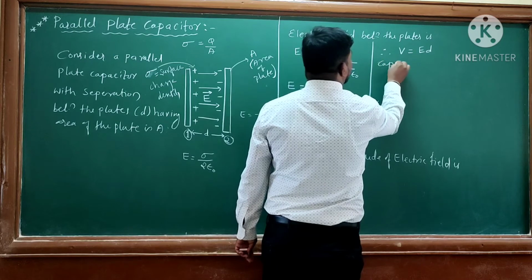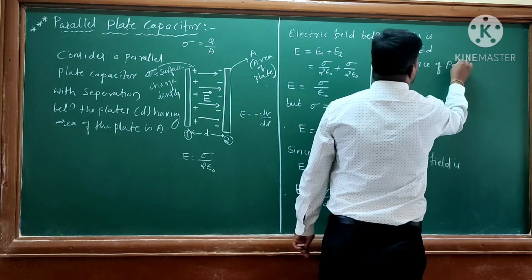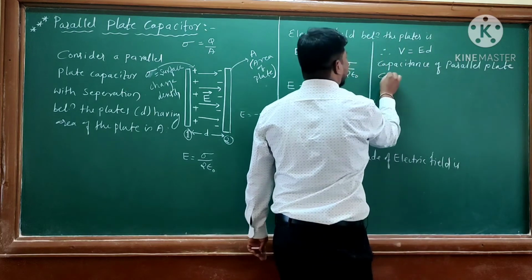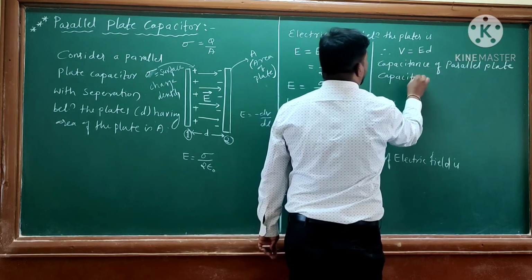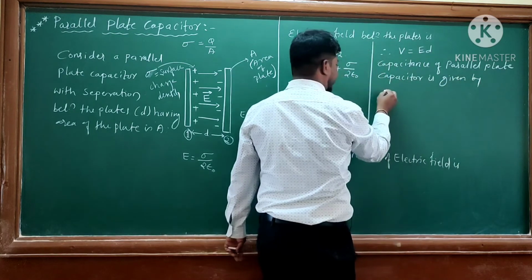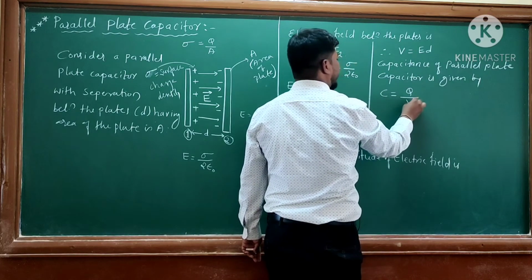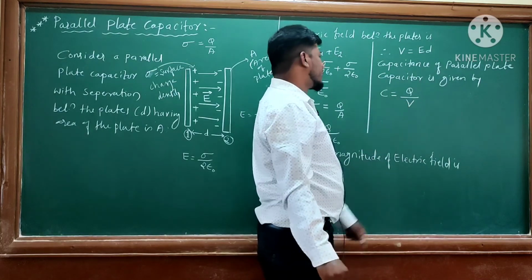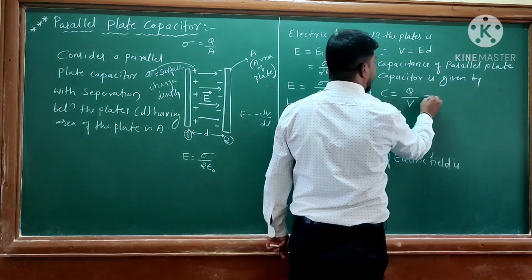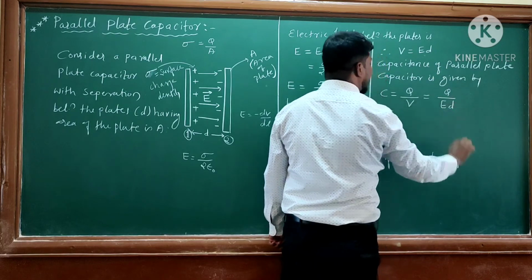Therefore, the capacitance of a parallel plate capacitor is given by C is equal to Q divided by V. So I will write here Q divided by V. V is nothing but E into d.